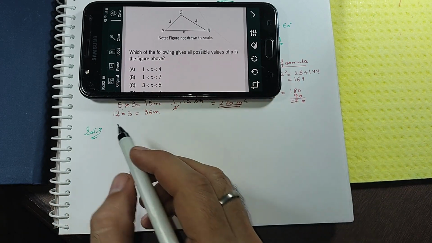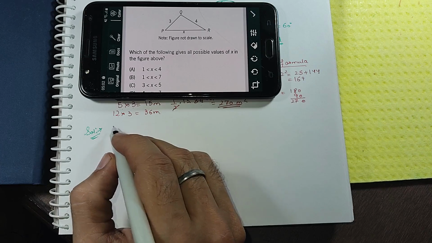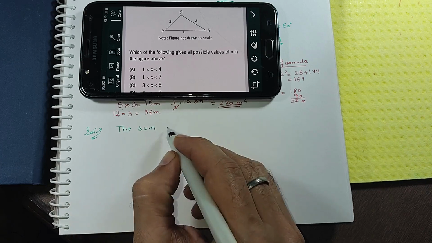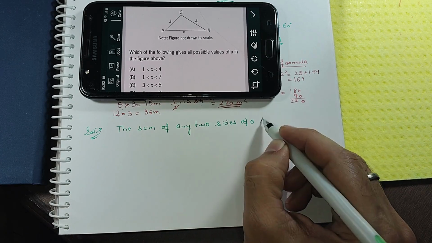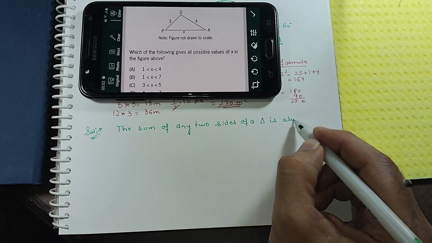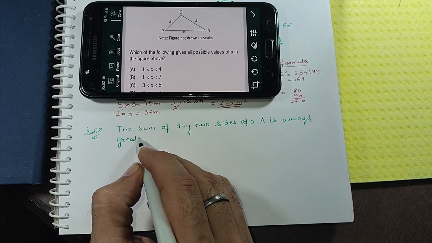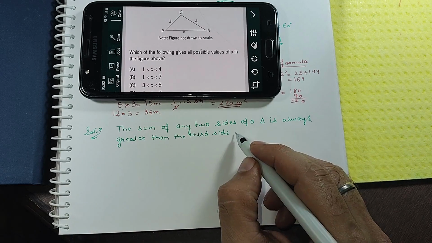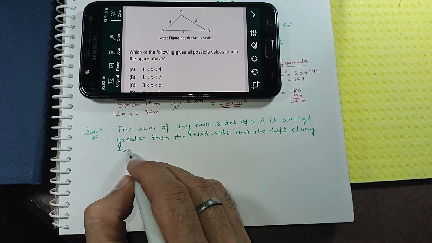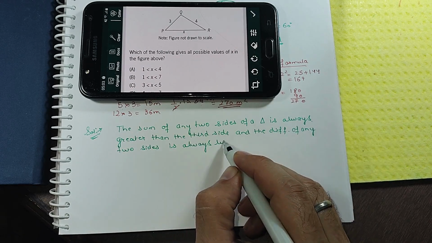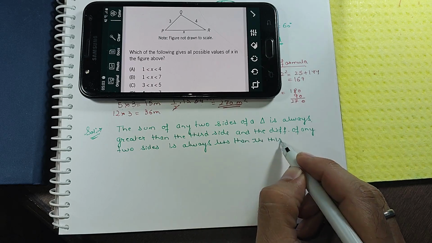For this, we know that there is a theorem which says that the sum of any two sides of a triangle is always greater than the third side, and the difference of any two sides is always less than the third side.